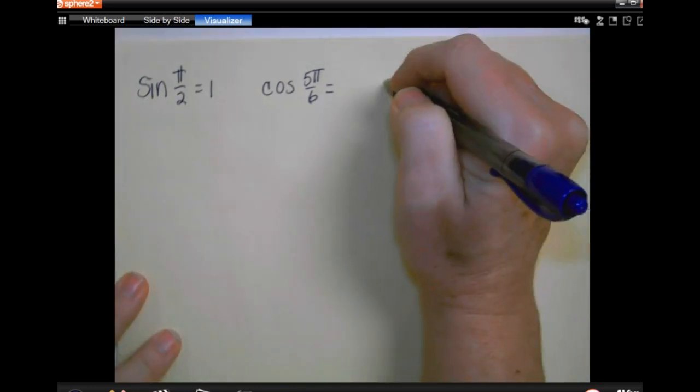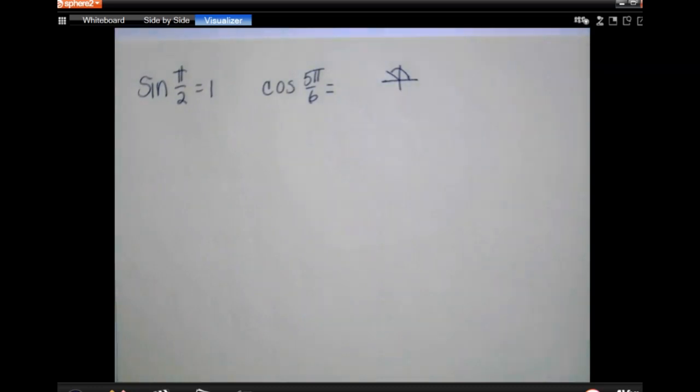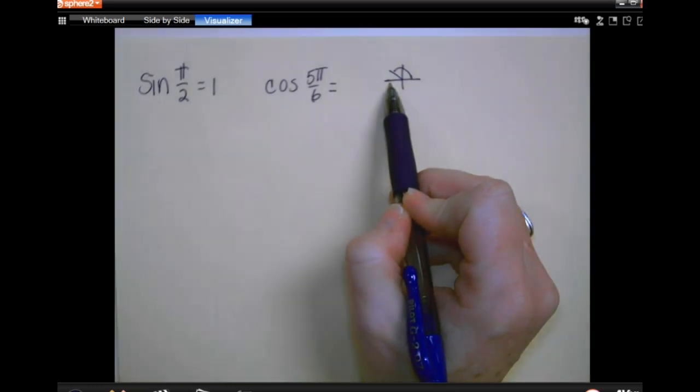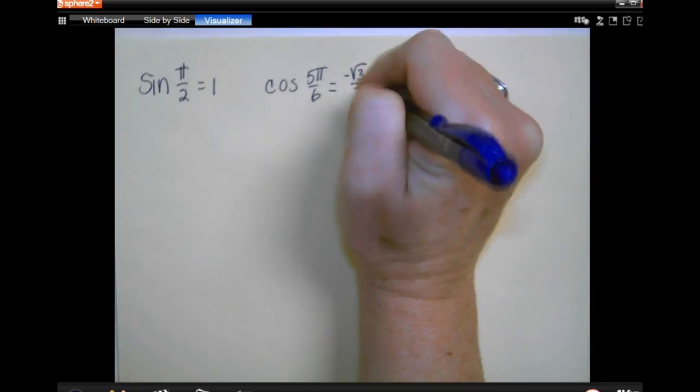So that puts this in the second quadrant. First of all, what is the cosine of pi over 6? Square root of 3 over 2. And in the second quadrant, your x is positive or negative? Negative, so I get a negative square root of 3 over 2.